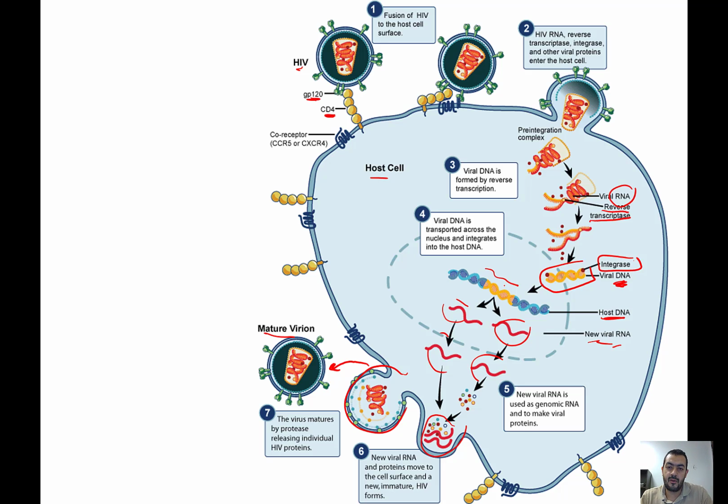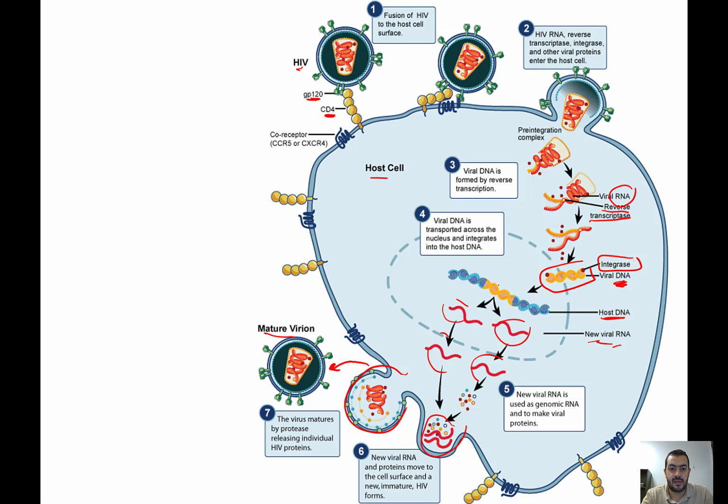The case with the HIV is different, because this virus that has reverse transcribed its genome into DNA is now going to be integrated forever. It is not a transient integration. So the change of the host cell DNA is permanent, and because of that, this cell will no longer function as an immune cell.